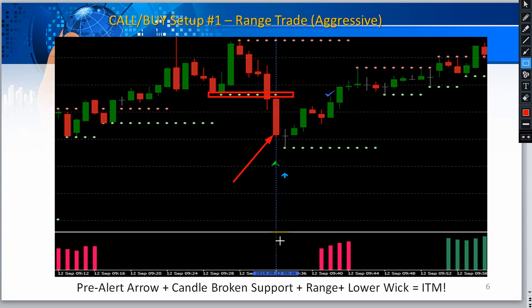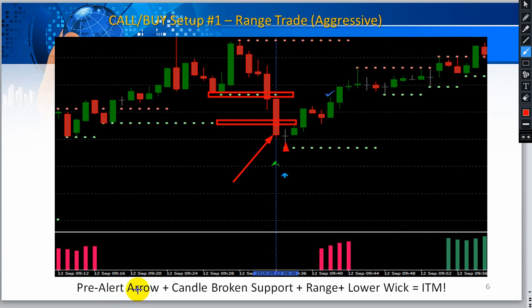Now remember, in a ranging market, price usually bounces off of support, off of resistance. As it broke this line, the other advantage is it broke this other line. If you were to extend this line, you can see this was another support level from a former swing. So it broke both, and you enter your trade at the beginning of this candle, for 1, 2, 3, 4, 5, and that is an ITM for you.